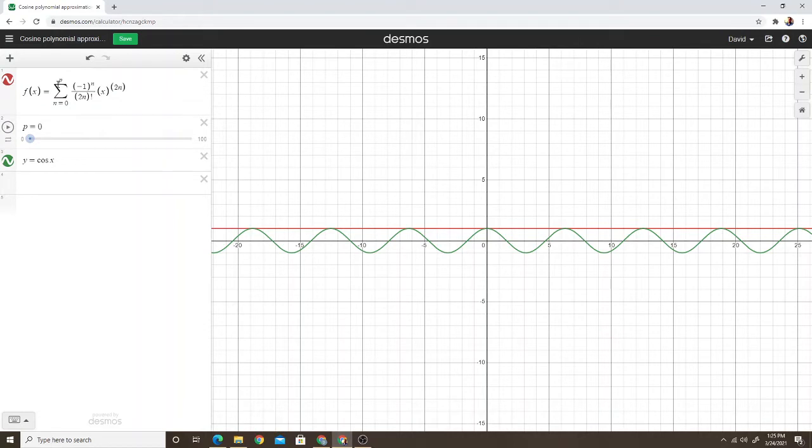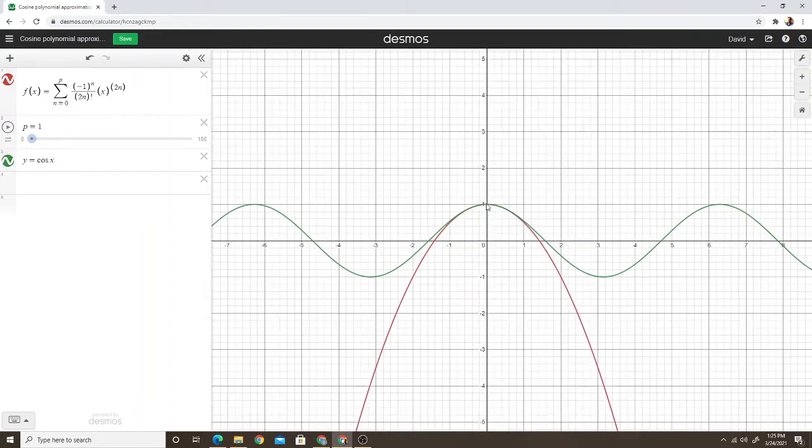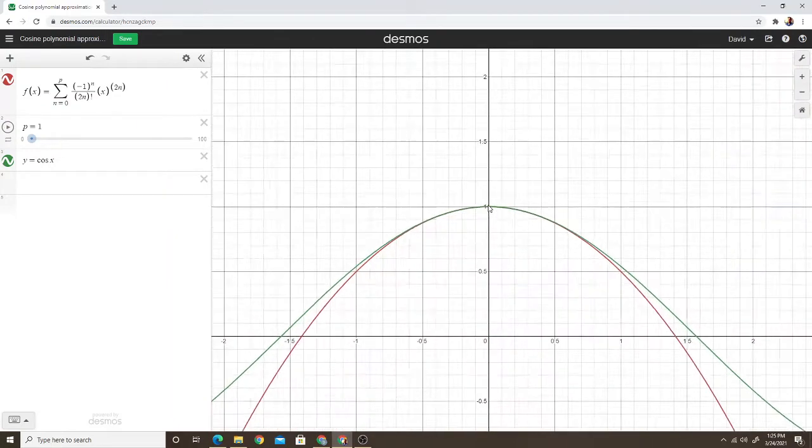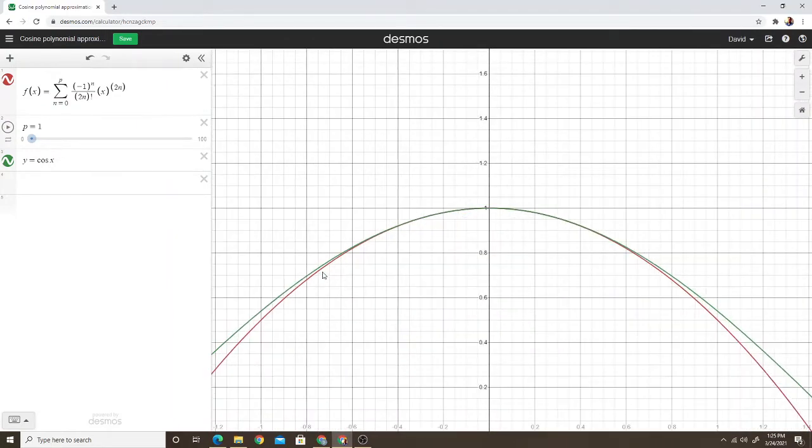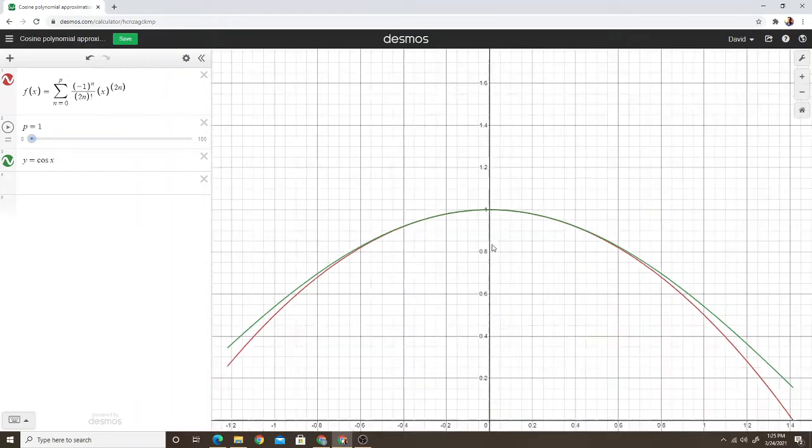Here I'm going from 0 to 0, so you just get 1, which is not a very good approximation. But if I let p go to 1, then I get this quadratic, which within a certain interval is not a bad approximation. If I zoom in, it's pretty good. There's not a lot of error there at all.